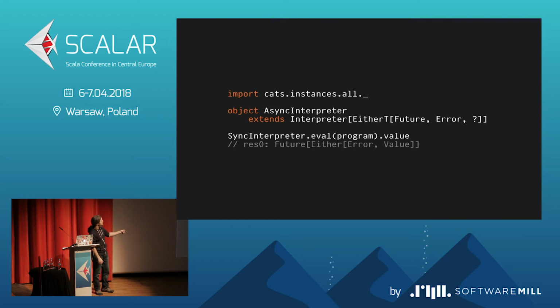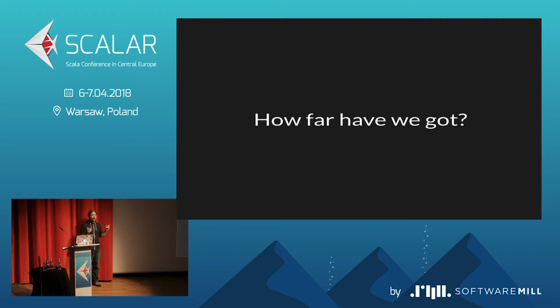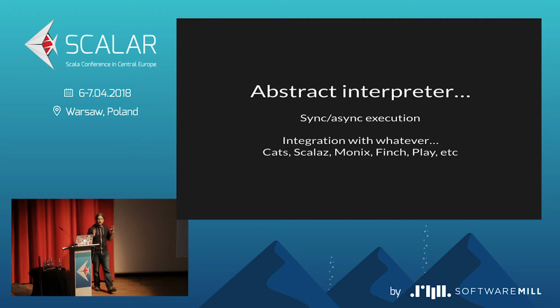And when I call that back, I get a Future. So we can now do a whole bunch more stuff with this. We can run our programs synchronously or asynchronously. We can turn them into Monix Tasks or Twitter Futures and integrate with whatever platform we have.